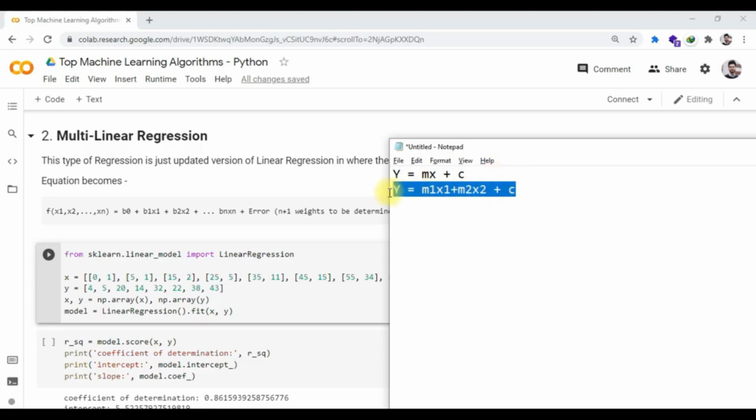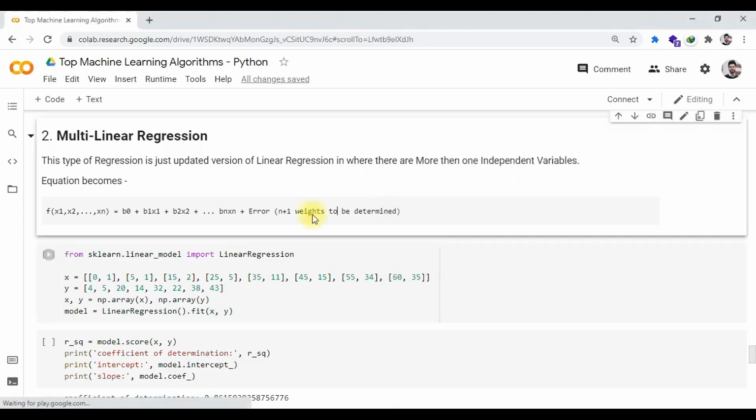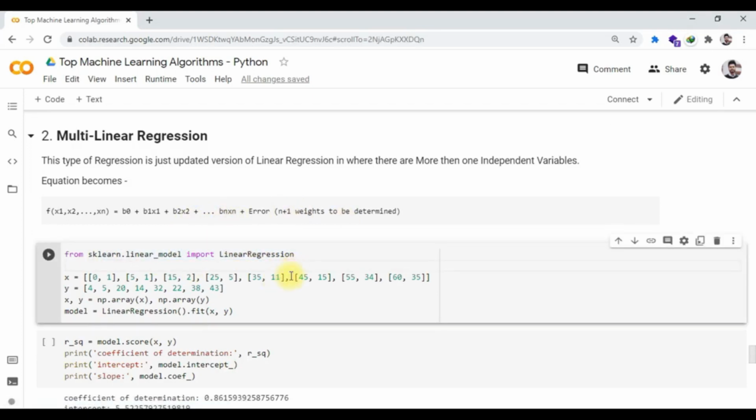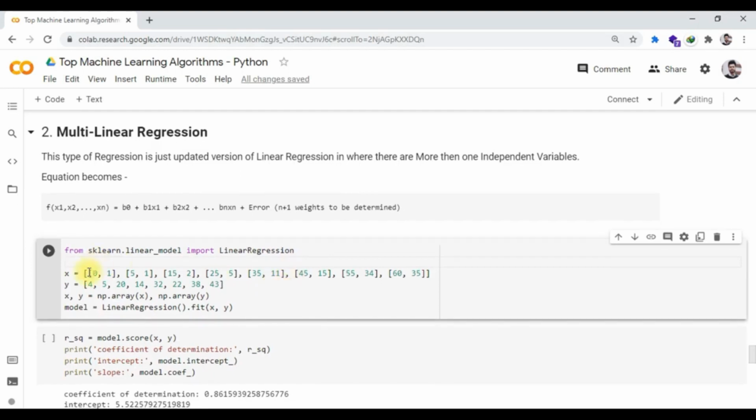In this form the multi-linear regression will go, because we have more than one independent variable. So we just have to go in the form of this equation. So we have the linear regression model here. This is the multilinear because we have more than one independent variable.